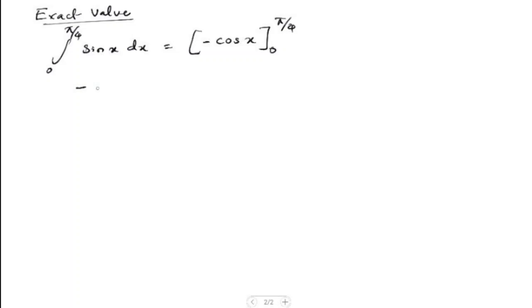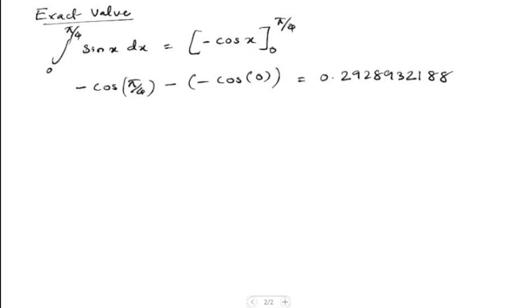So we'll have minus cos pi over 4 minus cos 0, and this gives us the value 0.2928932188.